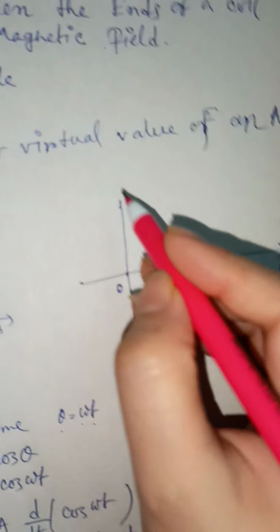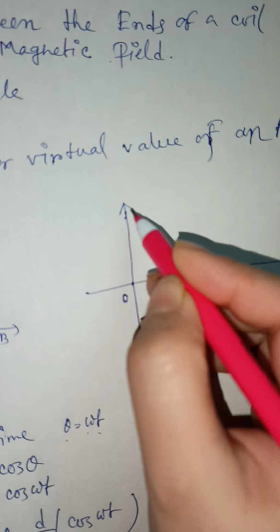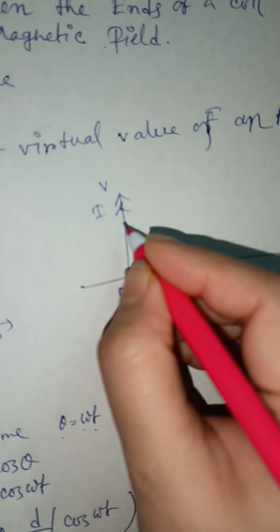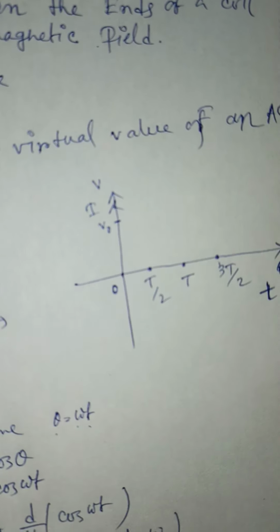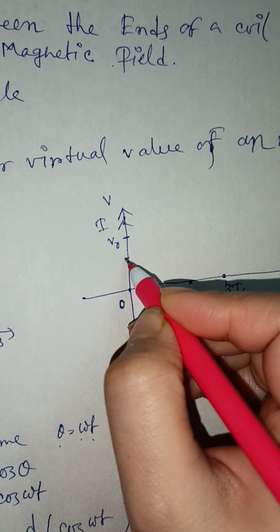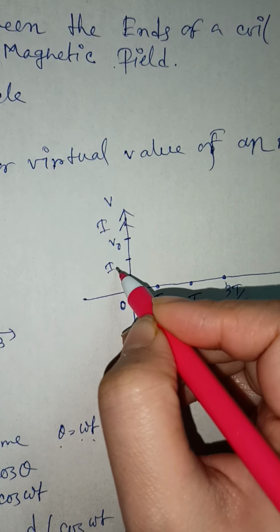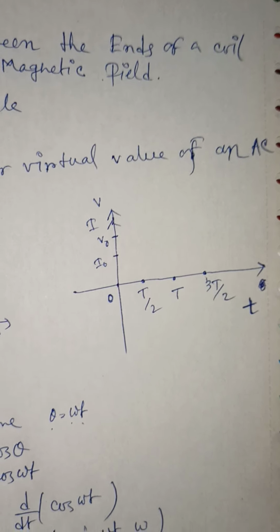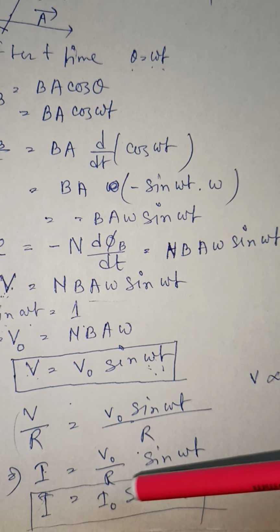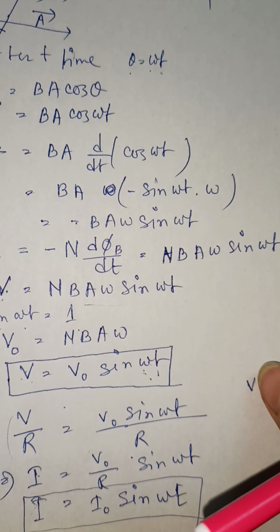Along the other direction I will indicate both voltage and current. Suppose this is V naught and this is I naught, because V naught is greater than I naught, since we get I naught by dividing V naught by R.